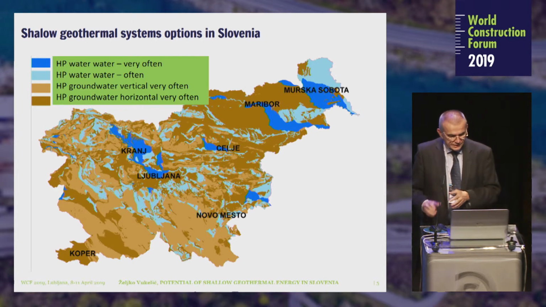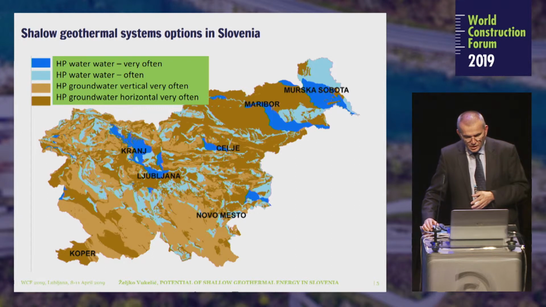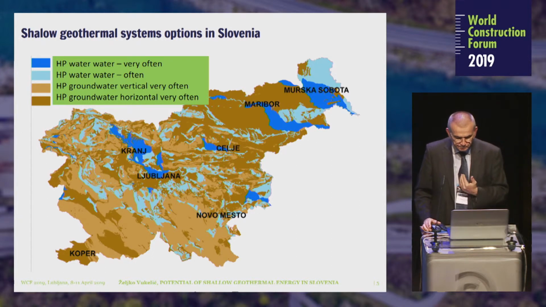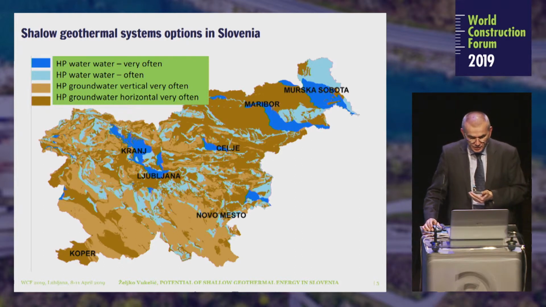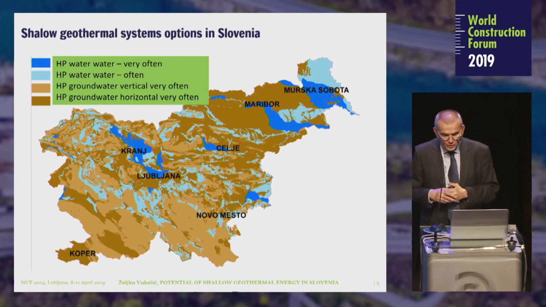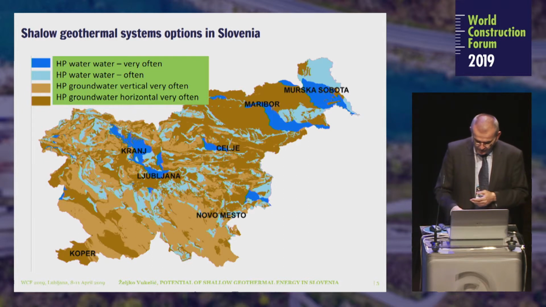So that means in the blue areas you can use the open loop system. In the brown color areas you will use the closed loop system.